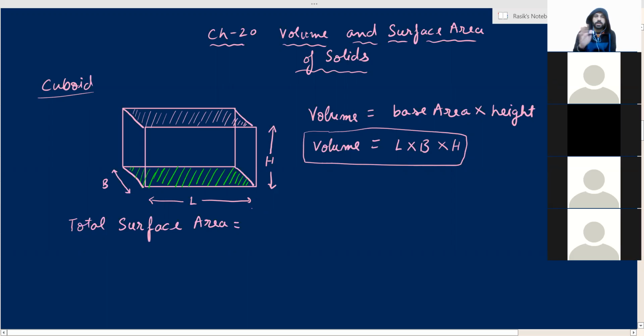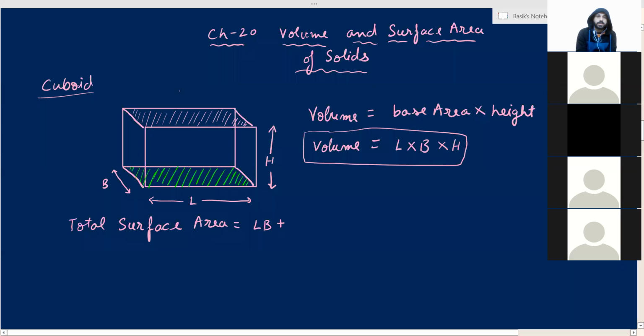Just add all the 6 rectangles, areas of all the 6 rectangles, you will get the total surface area. So in the bottom there is a rectangle, right? As you all just now told me. So the area of a rectangle is length into breadth. Can I write LB? Yes, sir. Area of rectangle in the base.